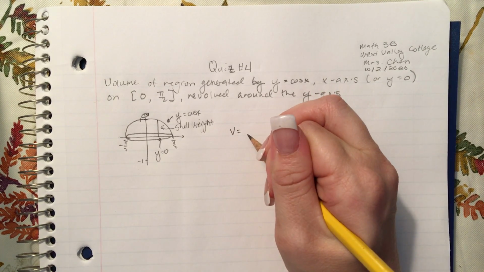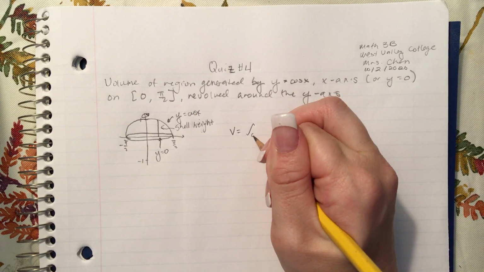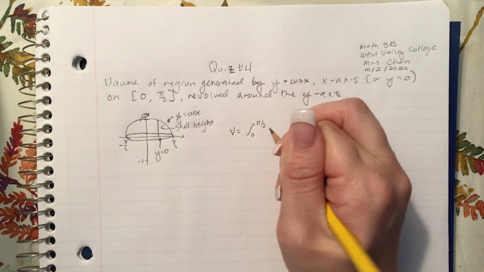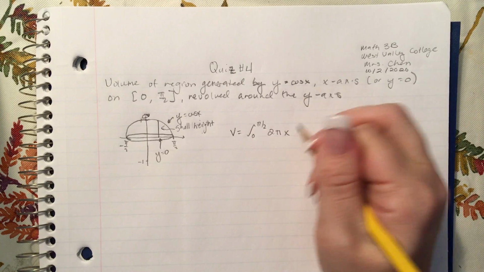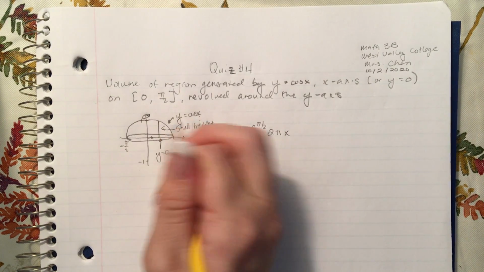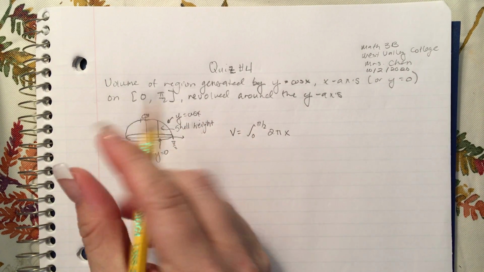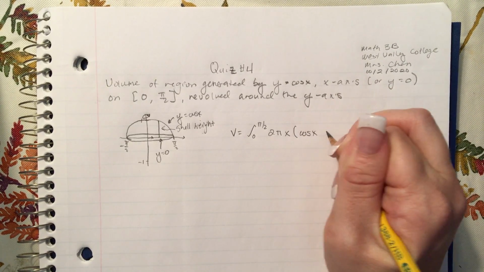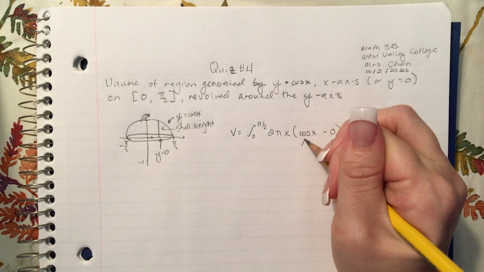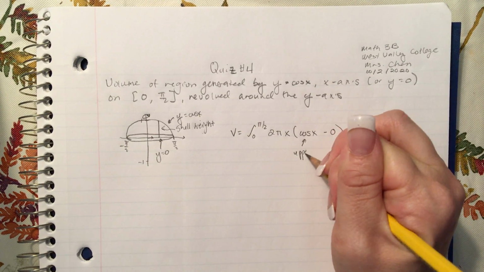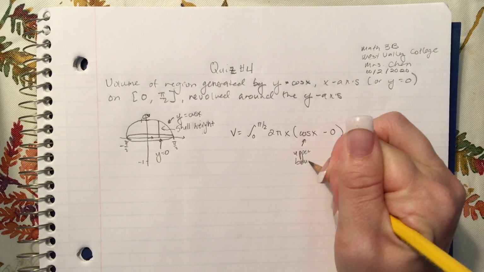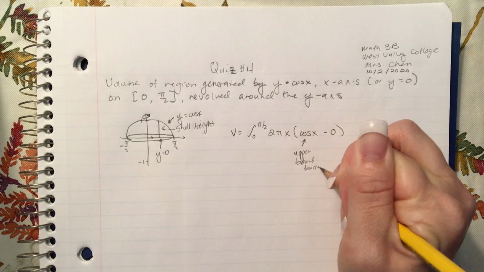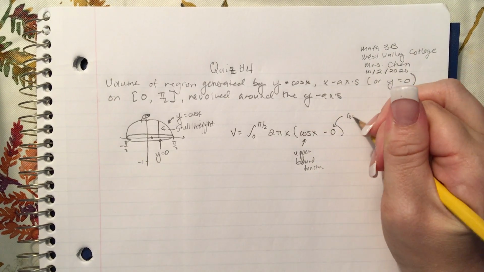So the volume is going to look something like this. Volume equals the integral from 0 to pi over 2 of 2 pi x, which is the length or the radius, times cosine x minus 0, which is the upper bound function and the lower bound function.